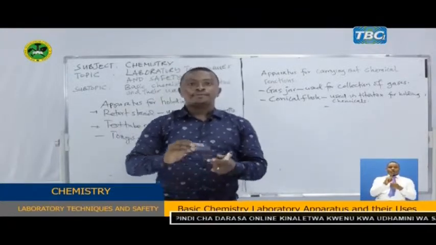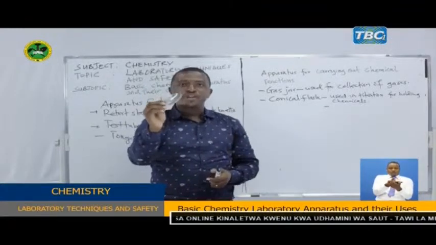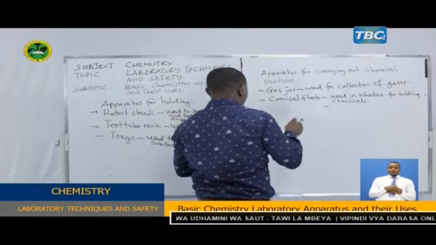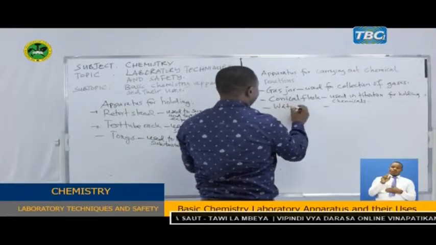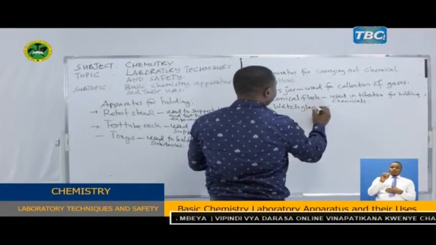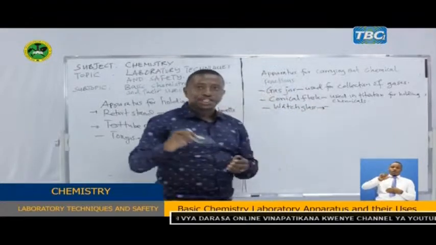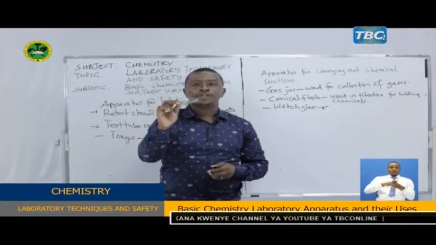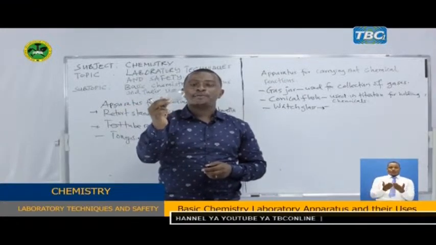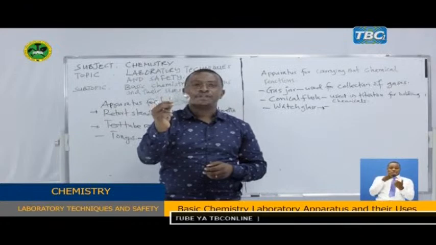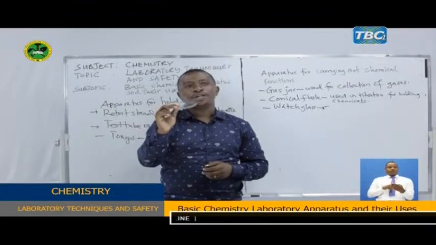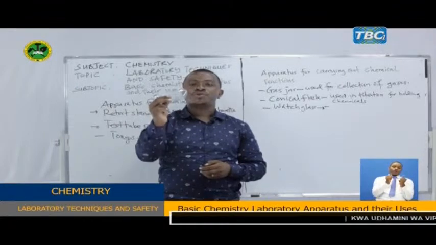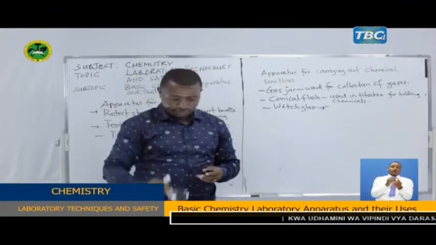We also have this one here. This one is called a watch glass. It's a shallow dish. You can see it. It is used to carry chemical substances to be observed, but it is also used in evaporating some chemical substances, and it is also used to cover beakers.